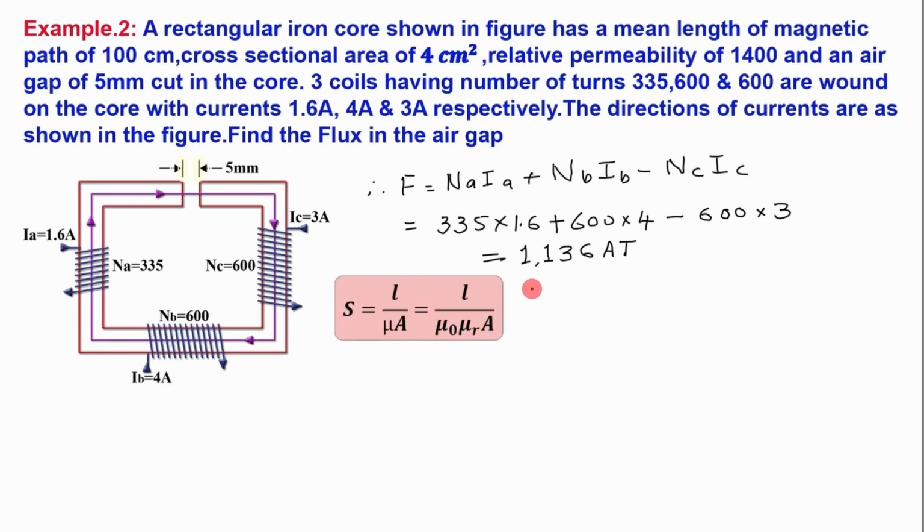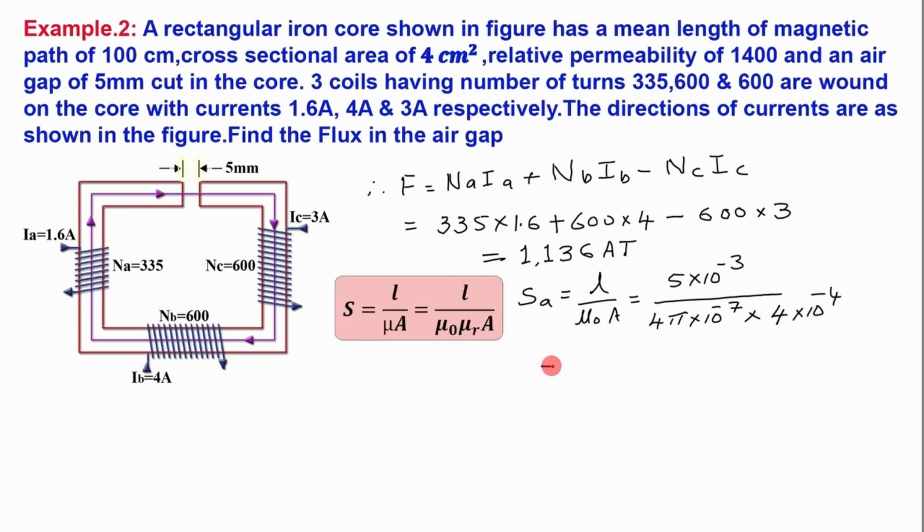That is, reluctance of air gap SA is equal to L by mu 0 into A. L is 5 mm, that is 5 into 10 raised to minus 3, divided by mu 0, that is 4 pi into 10 raised to minus 7, into area of cross section, that is 4 into 10 raised to minus 4.